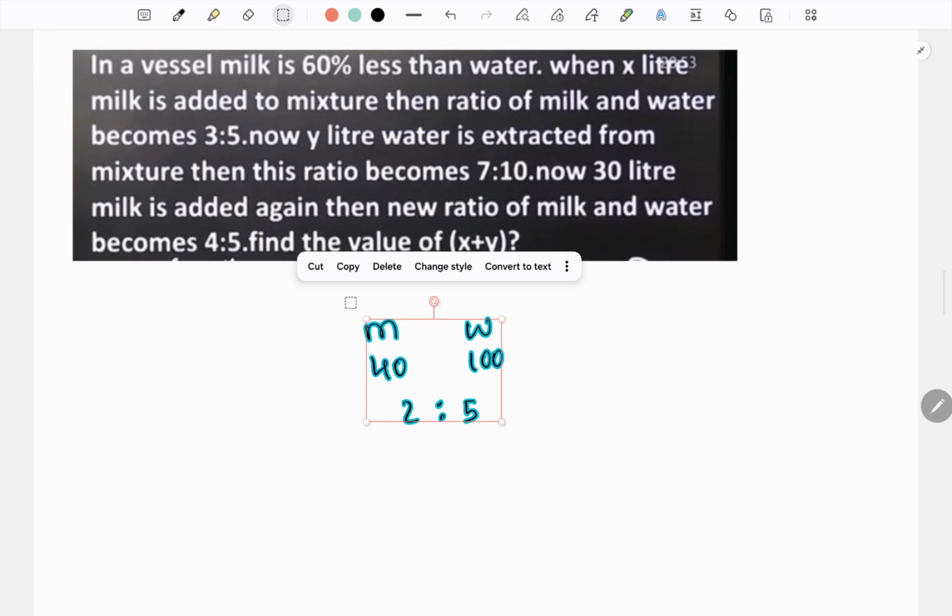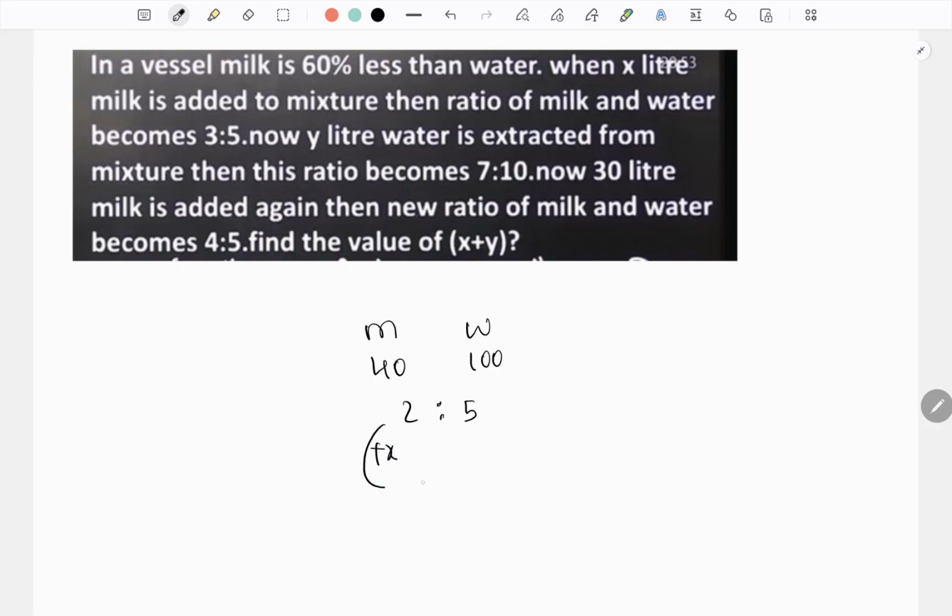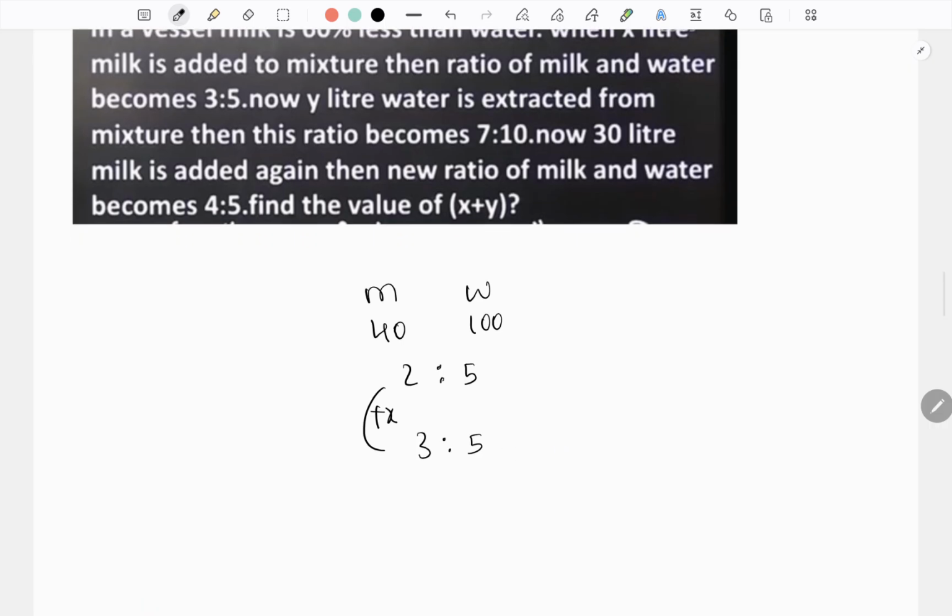So what they are saying is, if X liters of milk is added, then the ratio becomes 3 is to 5. Fine. Now Y liters of water is extracted from the mixture, then the ratio becomes 7 is to 10.